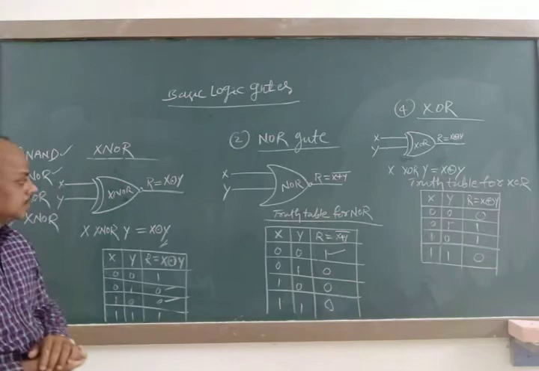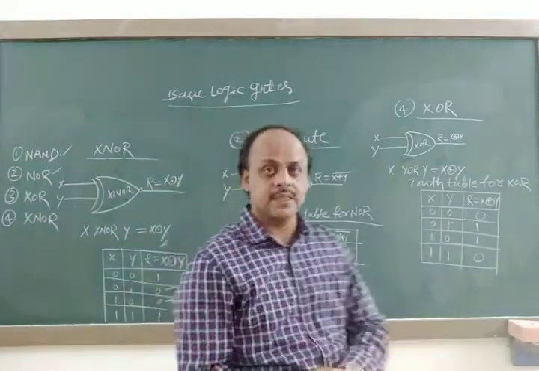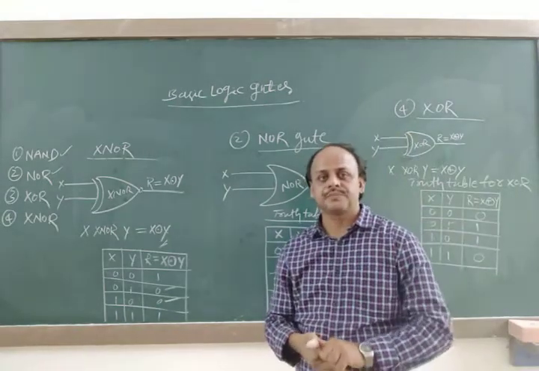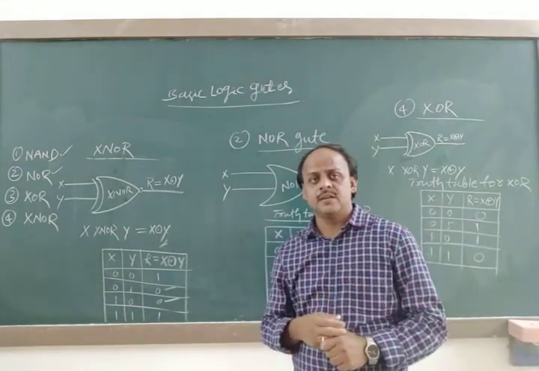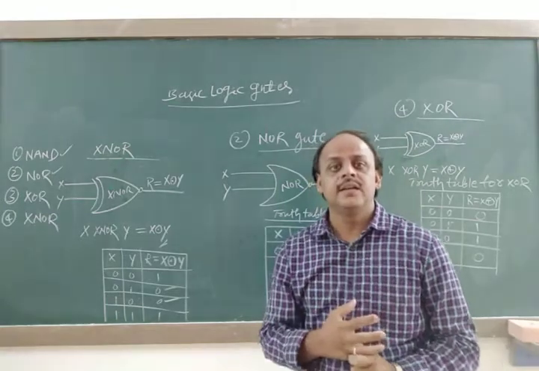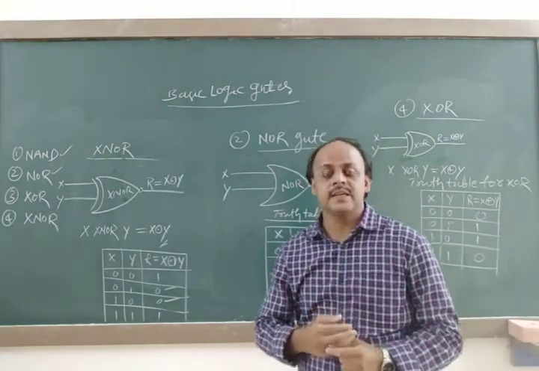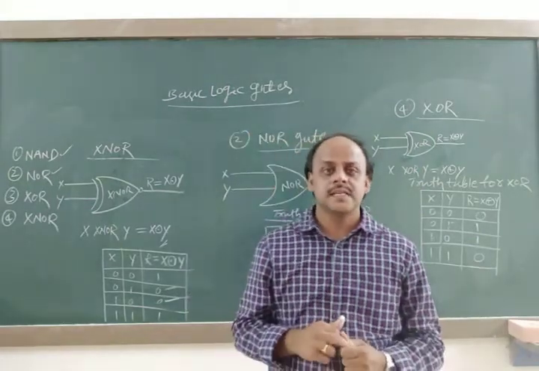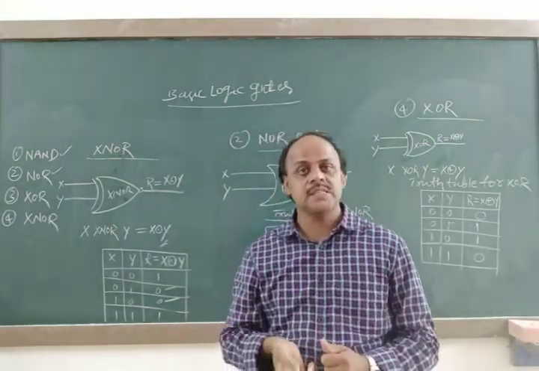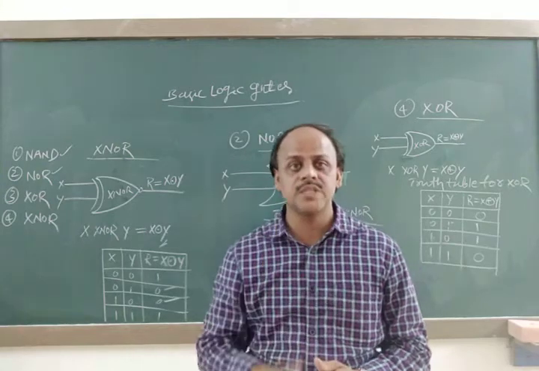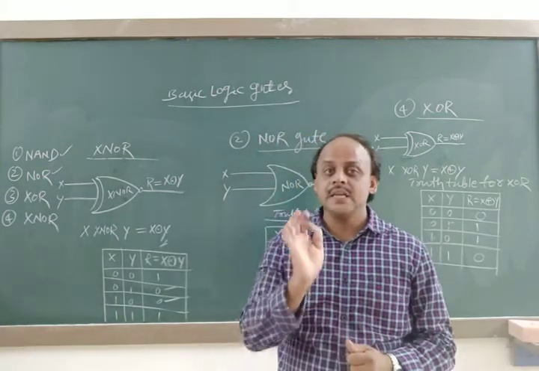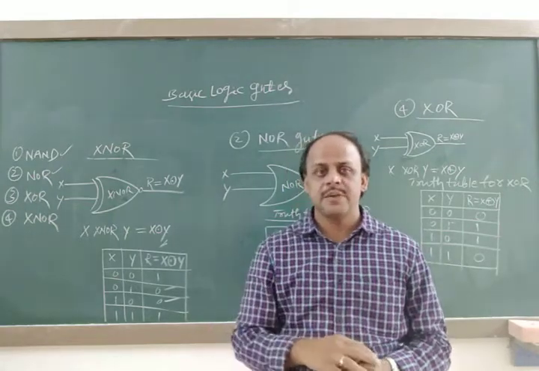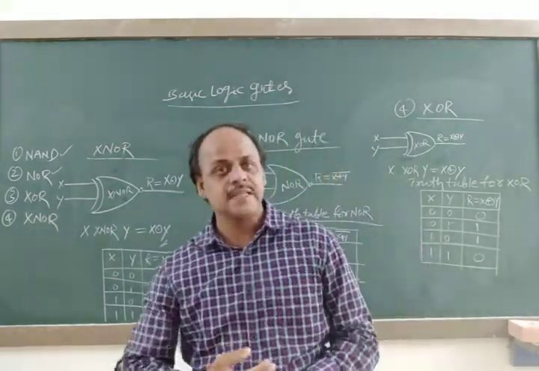Right? So what we discussed right now is logic gate. The definition of a logic gate, or simply gate: a gate is a simple electronic circuit which accepts 2 or more input signals but produces only one output signal, except the NOT gate. These gates can be classified into basic gates and derived gates.